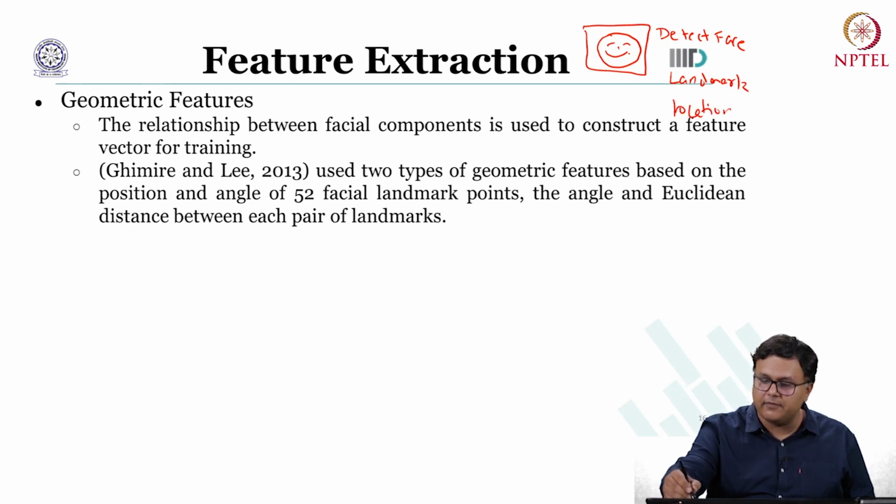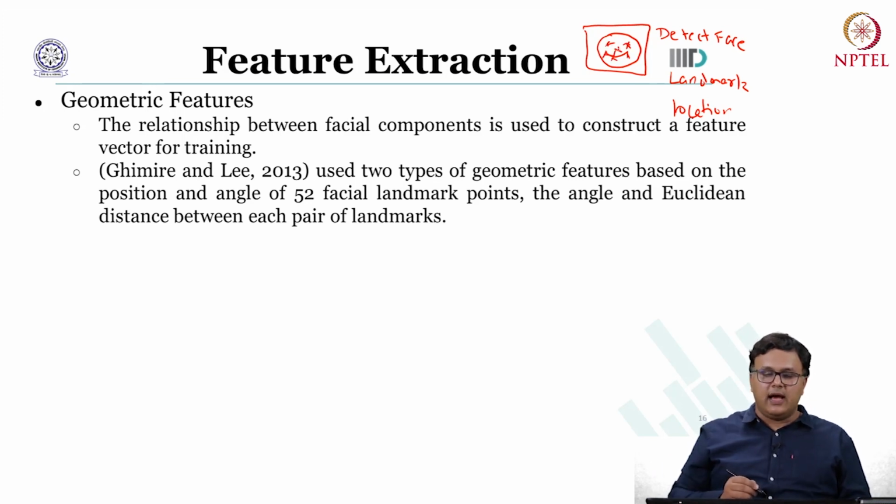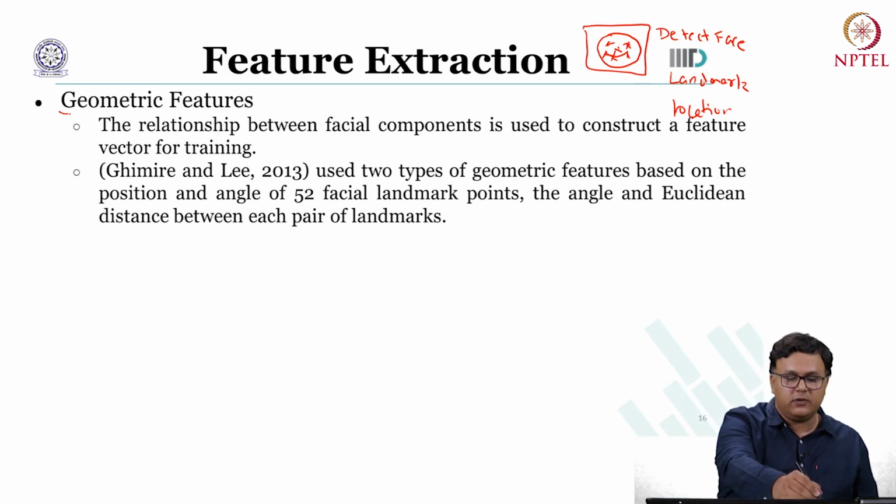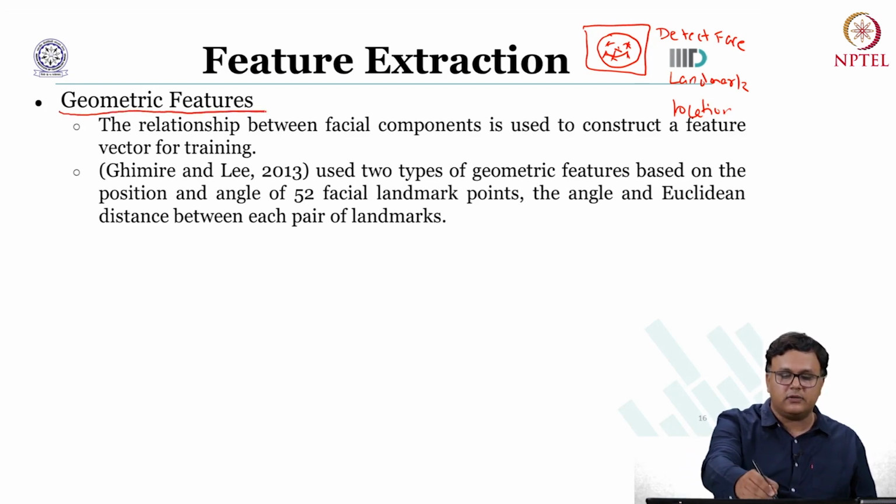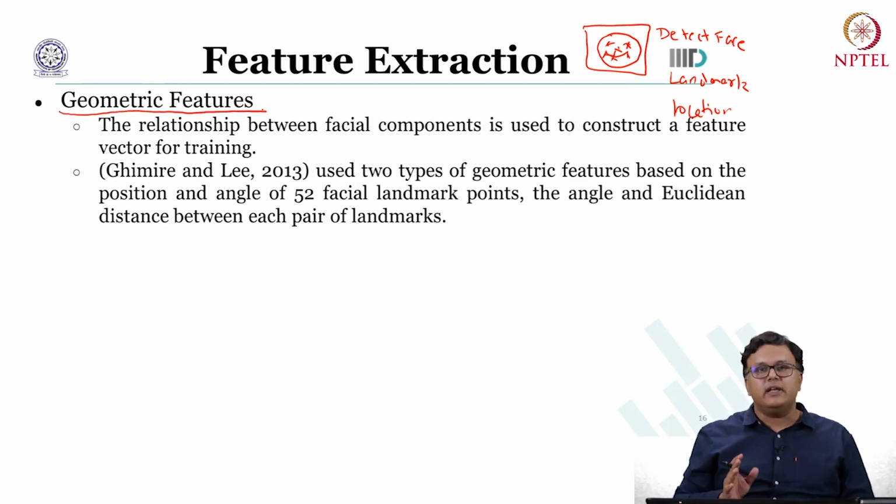Now once I have these landmark locations, so I'm just pinpointing them here around the facial parts, I can extract what is referred to as geometric features. Now, as the name suggests, we are interested in extracting the facial geometry, and this facial geometry is a function of the facial points which you would be extracting using an object detector.